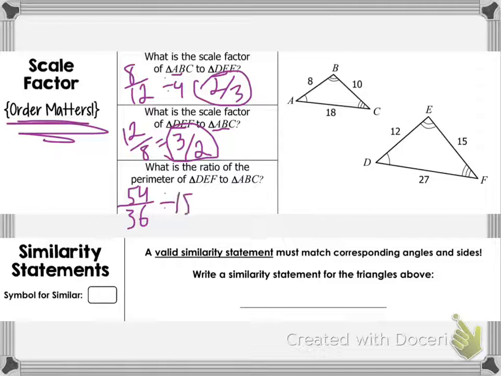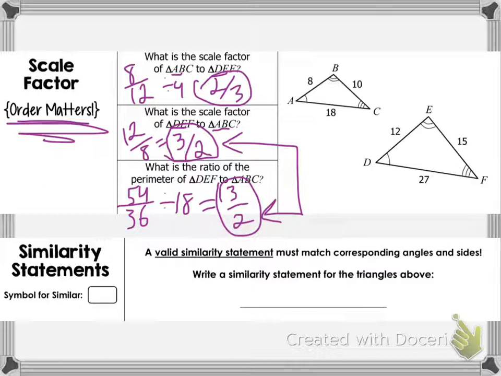So I'm going to divide both of these by 18. And when you do that, you're going to end up getting 3 over 2. There we go. And notice that these two numbers, they are the same. So the scale factor of triangle DEF to triangle ABC is going to be the same as the ratio of the perimeters of DEF to triangle ABC.